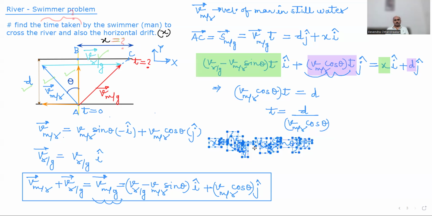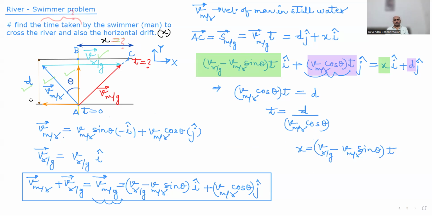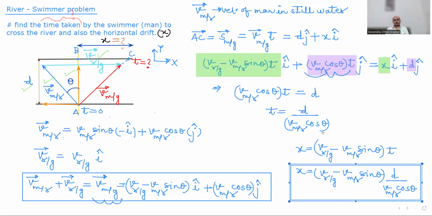Okay, so what value of x did you get here? You know VRG, you know VMR sin theta, and you also know t. What is t? It's d upon VMR cos theta. Did you understand, children? I see the light. You see the light? Very good.